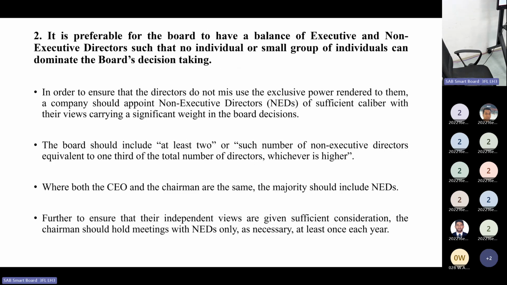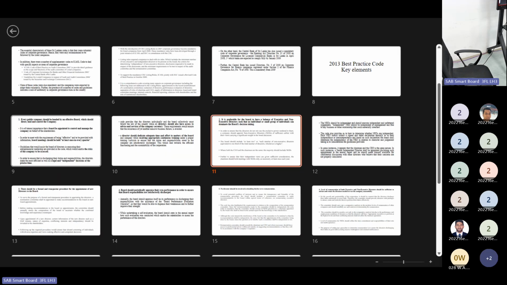Then they are talking about having a balanced executive and non-executive directors. Second point. It's preferable for the board to have a balance of executive and non-executive directors, such that no individual or small group of individuals can dominate the board decision making. Here they are defining who are non-executives, how many non-executives should be there, and all that.